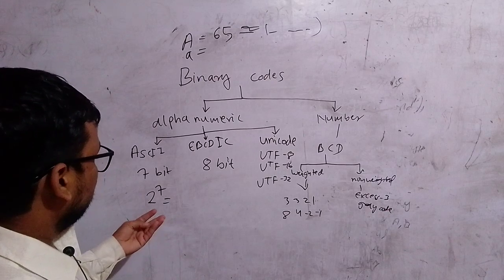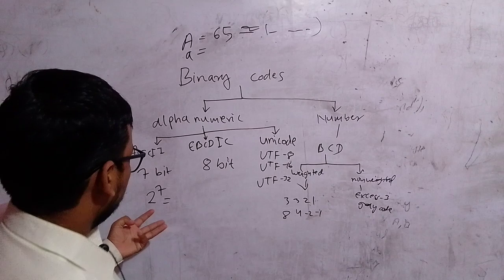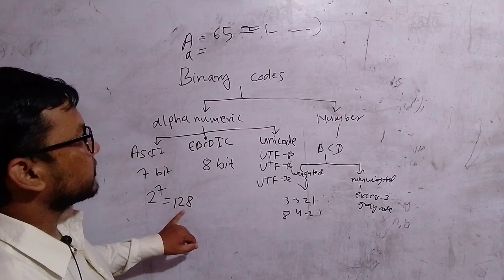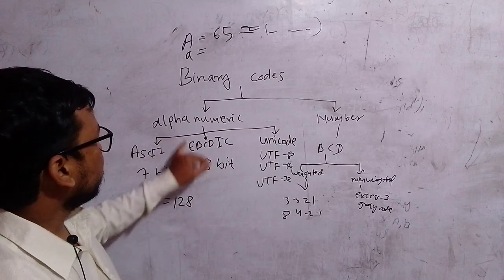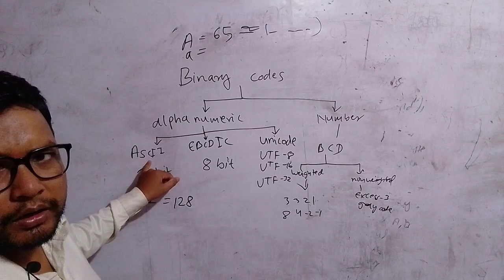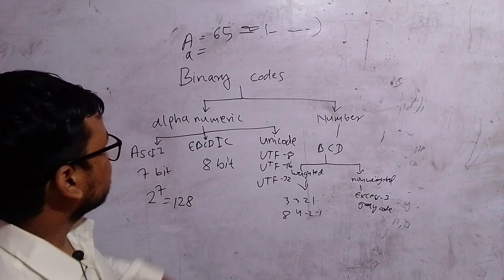From 7 bits we can make 2 to the power 7 combinations, that is 128 unique symbols. 128 unique alphanumeric symbols can be stored in ASCII format.